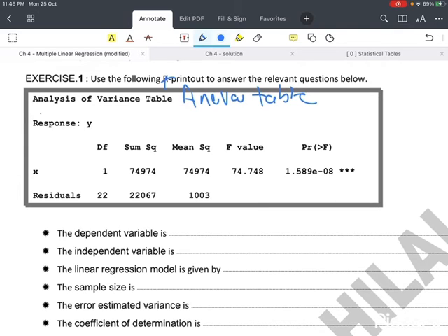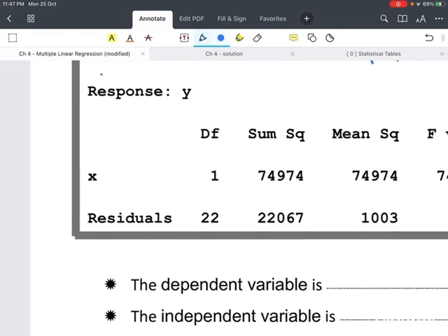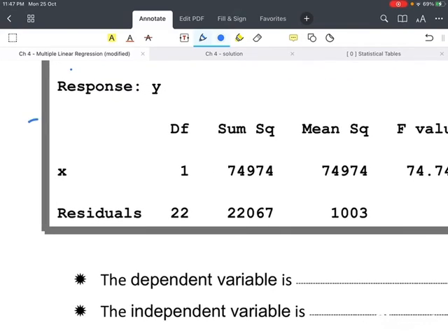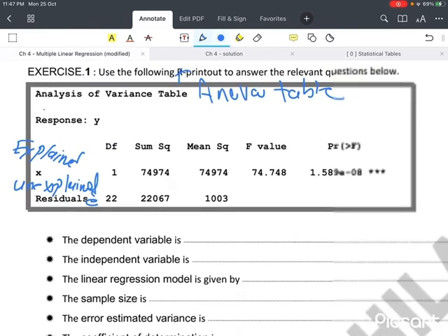Then you have the residuals here and X. X is what? This is the explained. And the residuals are the error, so it is unexplained.